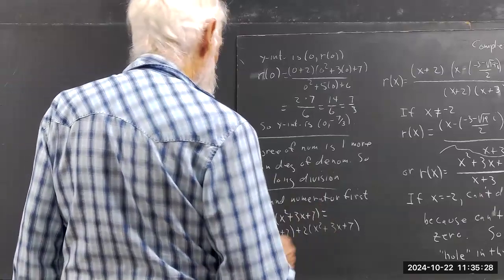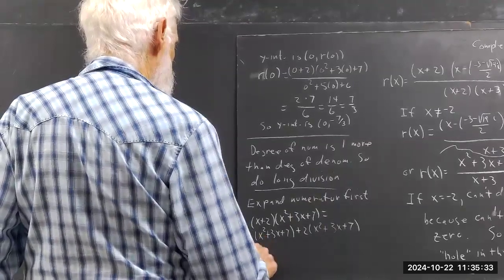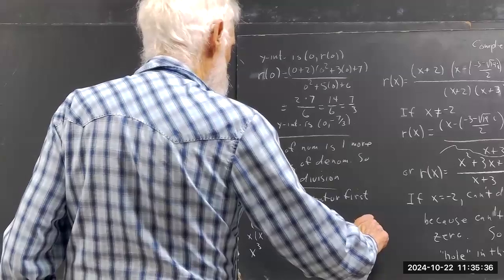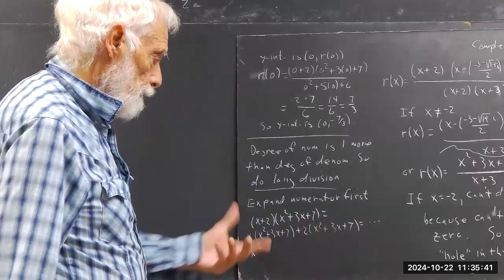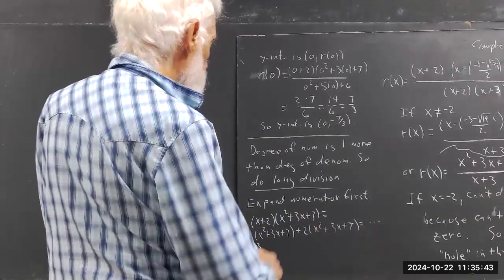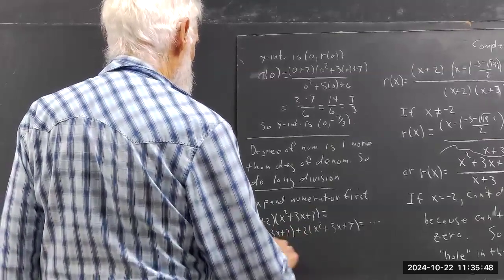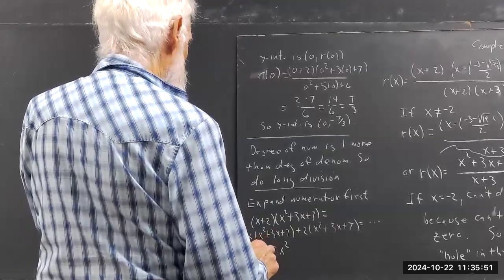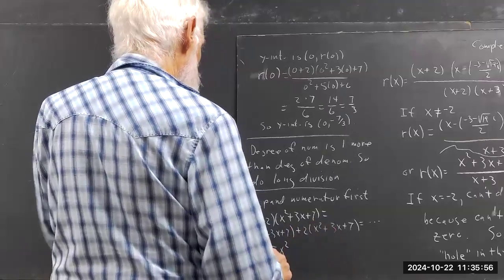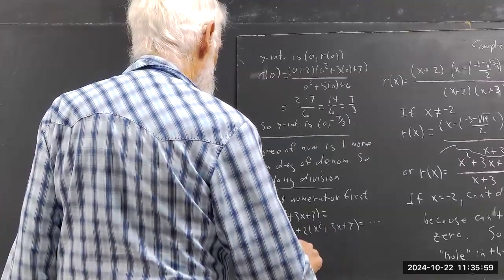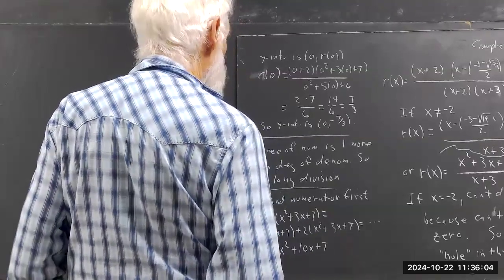And what you get then is an x cubed. You multiply these, then you collect your terms. You're going to have a 3x squared here and a 2x squared here, which gives you 5x squared. You're going to have x times 7 here, which is 7x, and 2 times 3x, which is 6x. That's going to give you 10x. Then it's going to be plus 7.